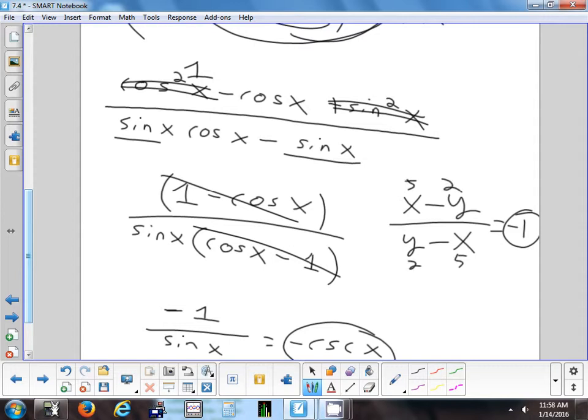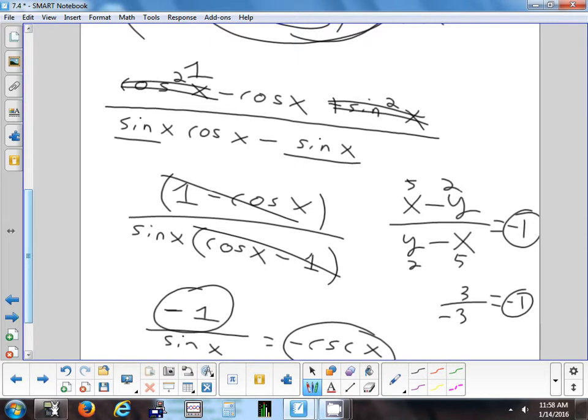What's 5 minus 2? 3. What's 2 minus 5? And when you divide 3 by negative 3? Negative 1. So anytime you have two things that are just switched, they cancel and become negative 1. So that's why this became negative 1. And the sine stays right where it is. That wasn't affected.